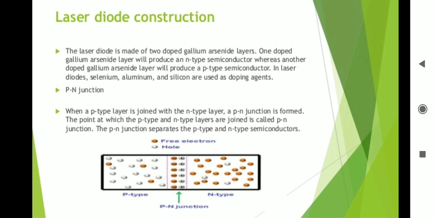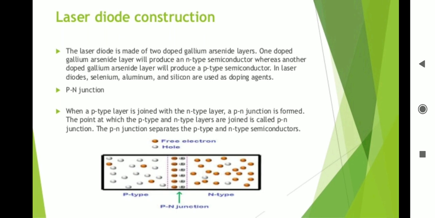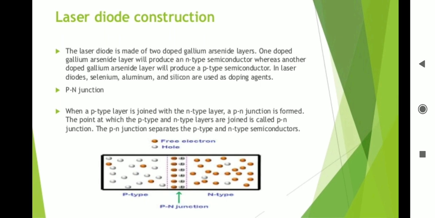This extra energy is released in the form of photons when electrons combine with the holes during the recombination process. All these photons oscillate with a particular frequency and bounce back and forth between the reflective walls of the active layer.